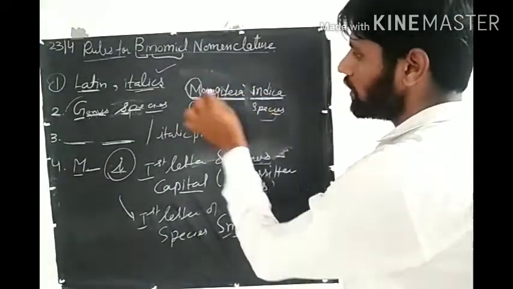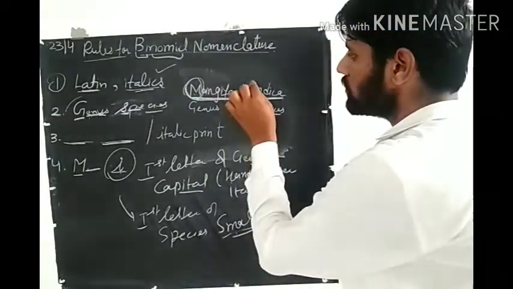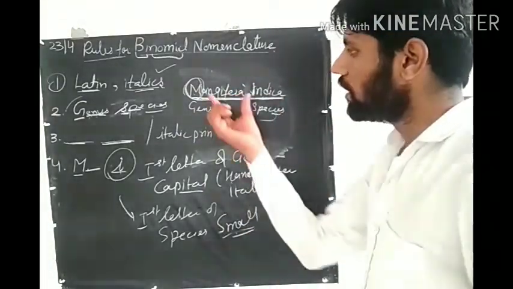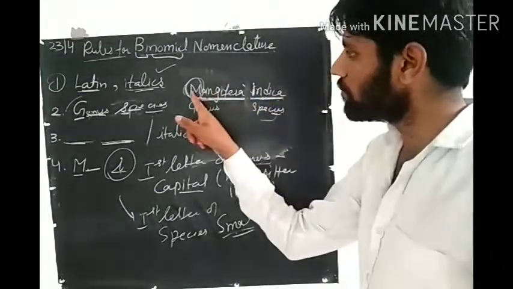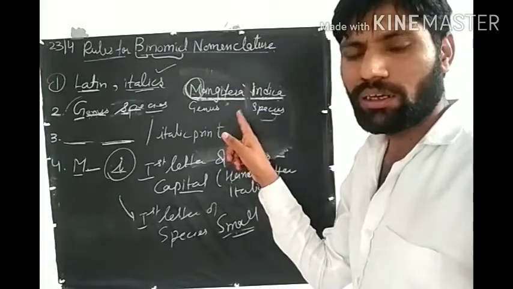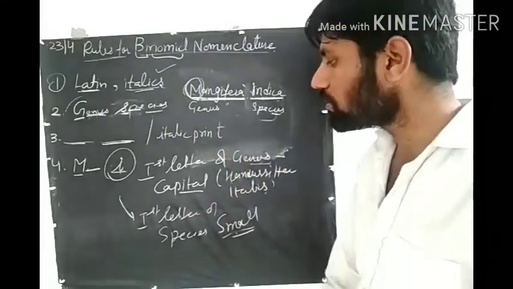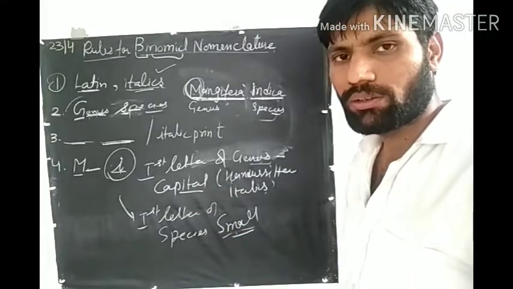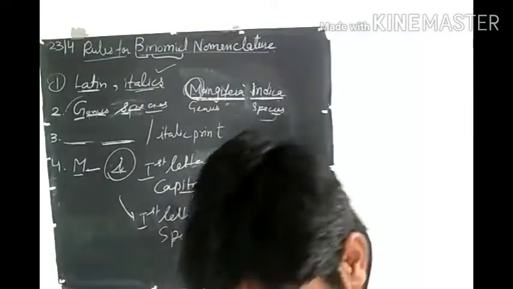This M of the genus is capital, and this i of the species starts with a small letter, and they should be underlined separately. So genus, species, capital, small, separately underlined. If we are typing on the computer, then we have to select the italic font. So these are the different rules of binomial nomenclature.